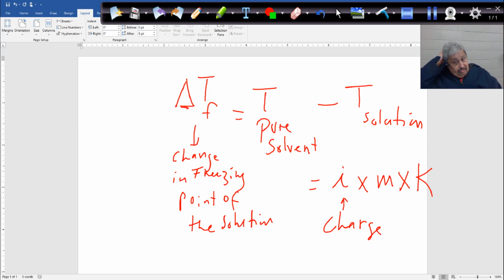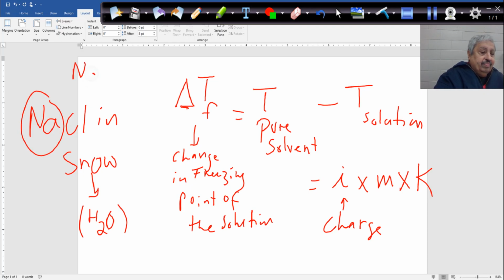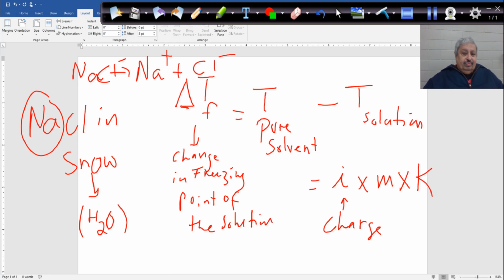Okay, guys. So the i is the charge, correct? When I put salt in snow, snow is H2O, correct? Just a solid. Sodium here, you have Na, goes when it's dissolving in H2O will be Na plus ions, correct? And the Cl minus will be plus Cl minus.